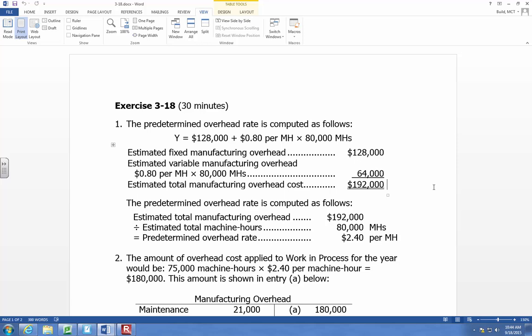My fixed overhead's 128. My variable portion is the 80 cents times the 80,000 hours. So how much do I think my whole overhead is going to be for the year? 192. And how many hours? 80,000. So $2.40 per machine hour. Plus 3 if you got that.